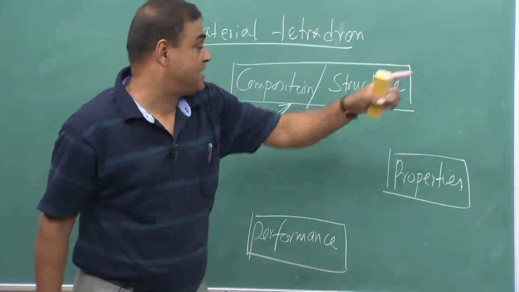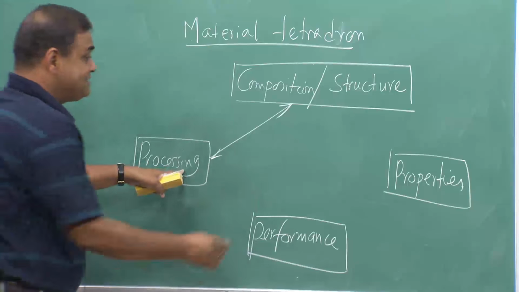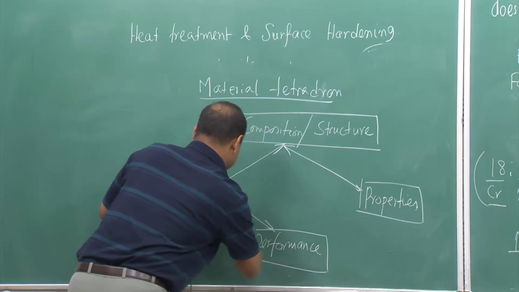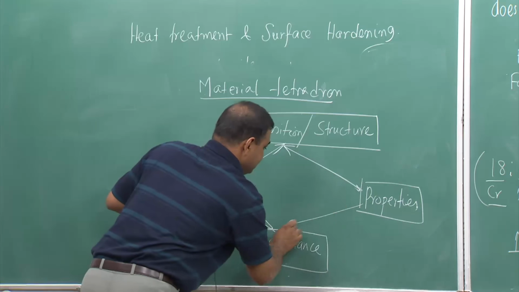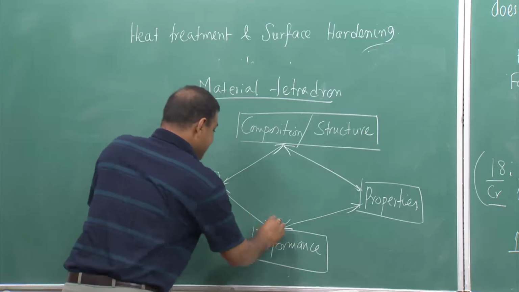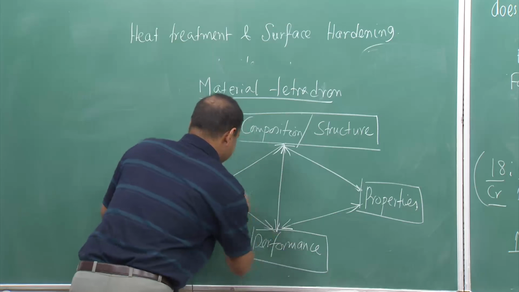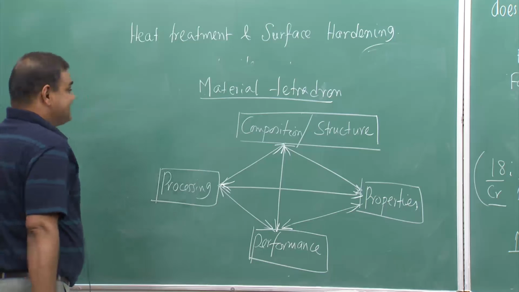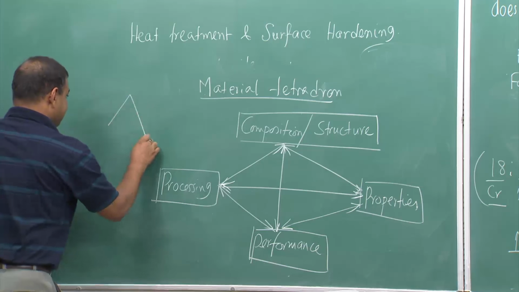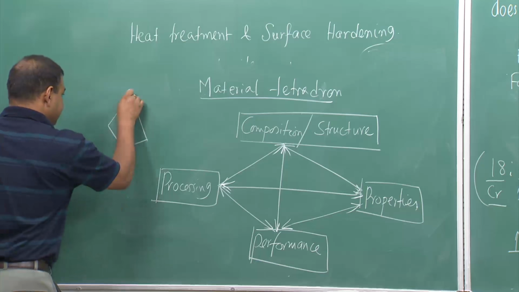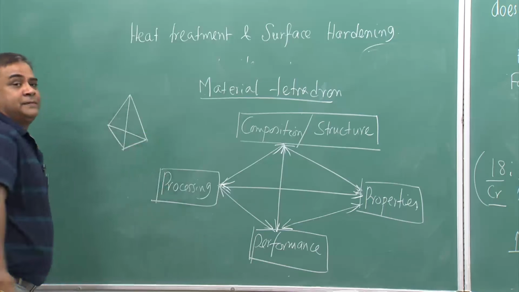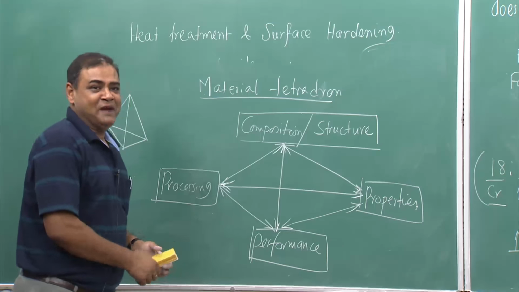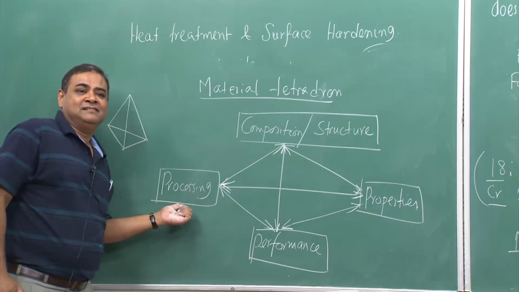If we see that diagram, these two are interrelated, these two are interrelated, these two are interrelated, these two are interrelated, so it forms a tetrahedron. This is a material tetrahedron, and heat treatment falls here.